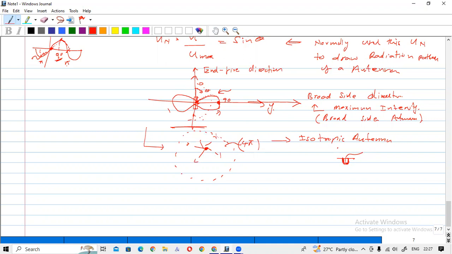This base station is connected to this antenna. These are omni antennas. It is uniformly distributed in this direction, in the phi direction, that is why it is called an omni antenna. But actually, in this other direction it is not radiating uniformly. So an omni antenna is also not an isotropic antenna.